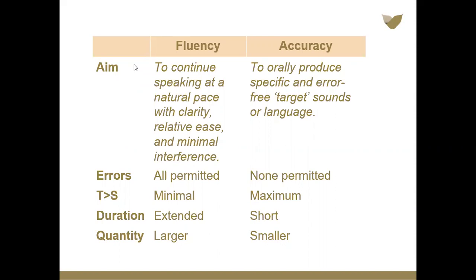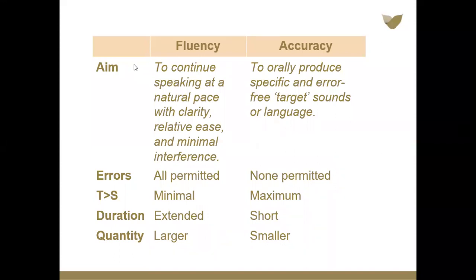And when it comes to accuracy, yes, again, errors are not permitted, but only for the target sounds or the language of that particular lesson. So now let's take a look at the teacher and student interaction. When it comes to fluency, the teacher-student interaction is minimum, little to none.